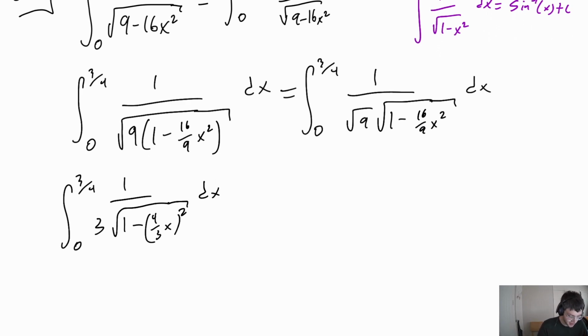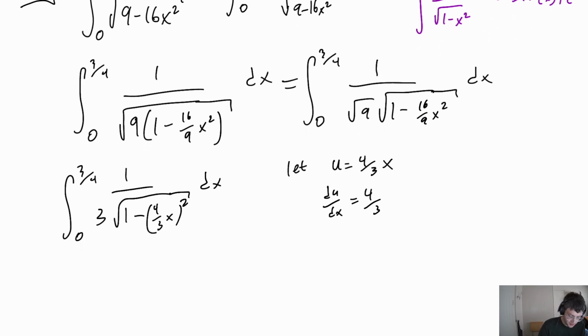And that's exactly right. So I'm going to use u substitution to try and get rid of this 4/3 because it's inconvenient to have that coefficient out in front. So I'm going to let u equal 4/3 x. So then du dx equals 4/3.